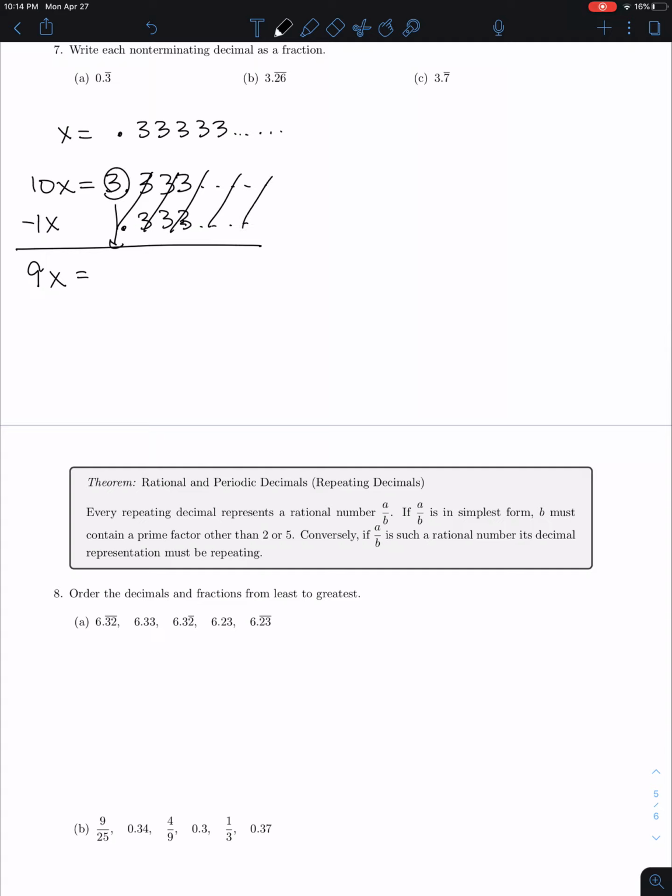And so all that survives is just plain old 3 in this case. So now if I just divide both sides by 9, I see that x equals 1/3, which you may have recognized from the decimal anyway. But again, that's a neat trick that you can do.